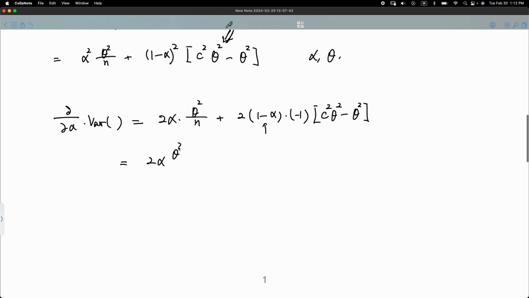And then for the rest, it's just the simplification. So this is minus 2 c squared theta squared, and then plus 2 alpha c squared theta squared minus theta squared.